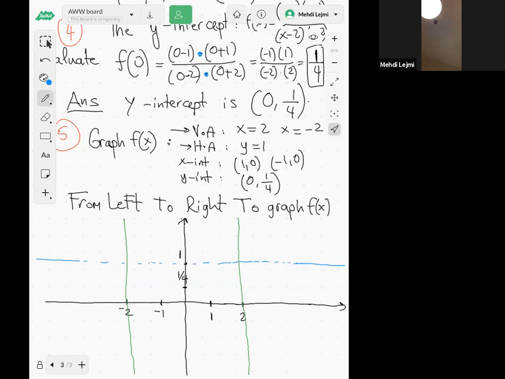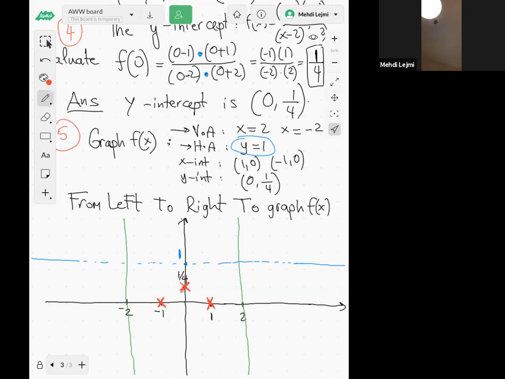Okay, so that's my horizontal asymptote. You see 1 here? That's y equals 1. That's my horizontal asymptote, right? All right, guys. So I'm going to plot. So this is my x-intercept. So we have 1, 0. We have negative 1, 0, and my y-intercept is 1/4.